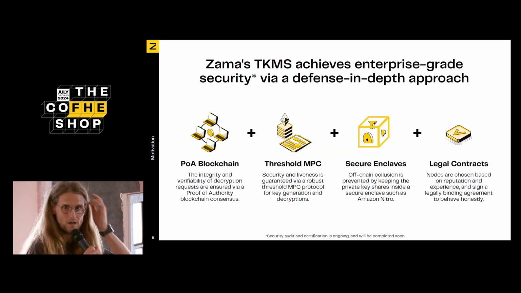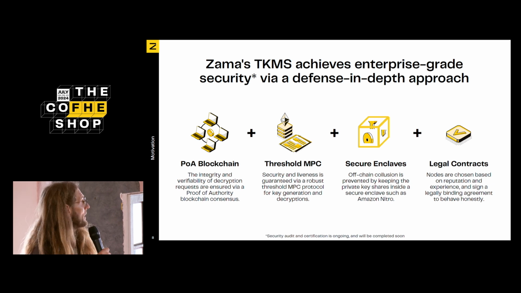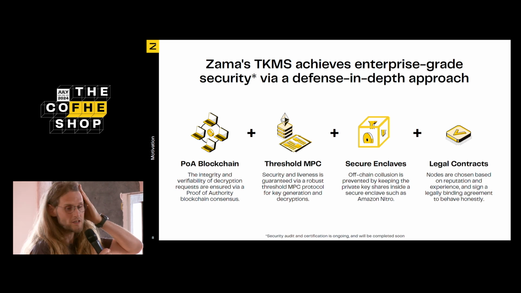On the high level, the ingredients we have in the Zama TKMS are different tools which afford different kinds of securities and features we want. We use a proof of authority blockchain in order to get audit logs and verifiability, along with traceable management.